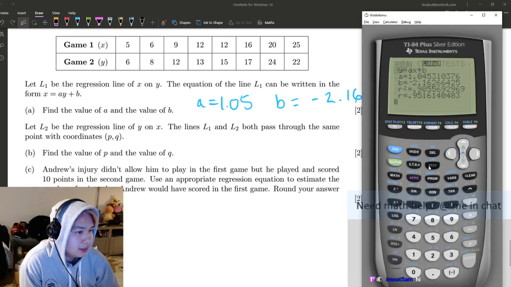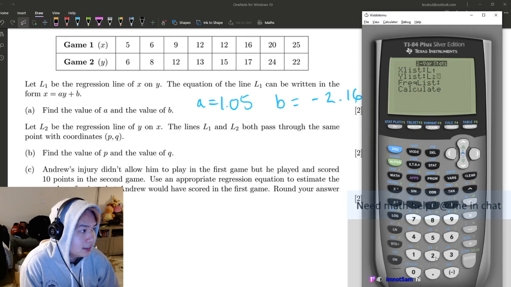So what I can do is I can just calculate those. Because I have two lists, I can do two variable stats. And I guess to avoid confusion, I'm going to make the x list the actual x's and the y list the y's.